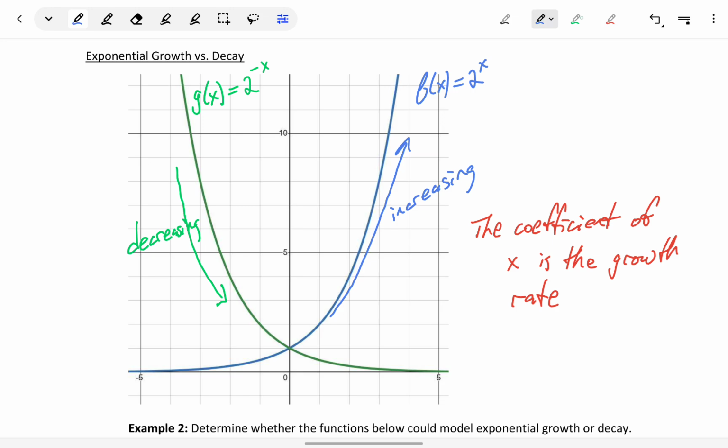In the case where the growth rate, that coefficient in front of x, is positive, it means we see exponential growth. And in the case where that value is less than 0, we see what we refer to as exponential decay.